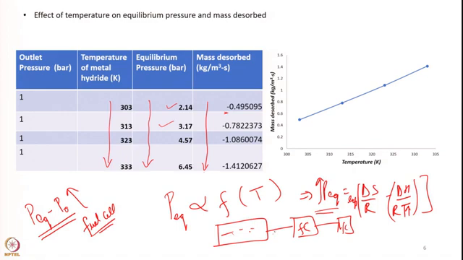The control of this mass flow rate is done by increasing or decreasing the temperature. To maintain this temperature, there are different types of methods used. Some of them use the flow of fluid at the outer boundary. Some of them use a cooling tube inside the metal hydride reactor to supply heat to the metal hydride at a particular temperature, so that the equilibrium pressure will increase and there will be an increase in the mass desorbed. Okay. Thank you.